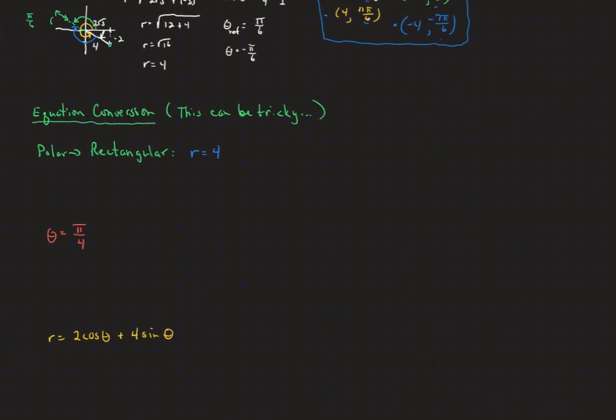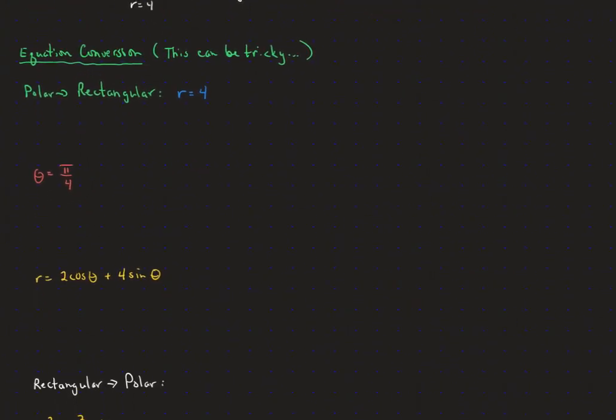Then we're going to talk about equation conversion, and these are tough because there's kind of an art to it. You don't always do the same thing. So if we're going from polar to rectangular, our goal for rectangulars is to get y equals f of x. That is, can we get y equals and then all the stuff with x's in it on the other side?